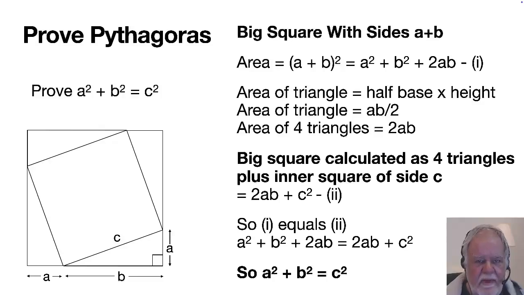But there are no integer solutions if the power that these things are raised to is more than 2. So there's no a cubed plus b cubed equals c cubed that has an integer solution. Fermat's last theorem, it was known as.